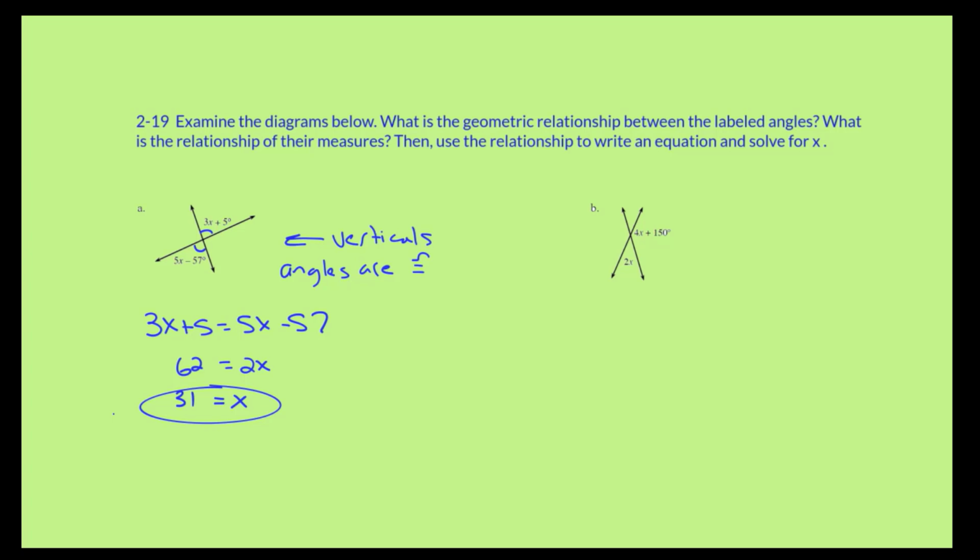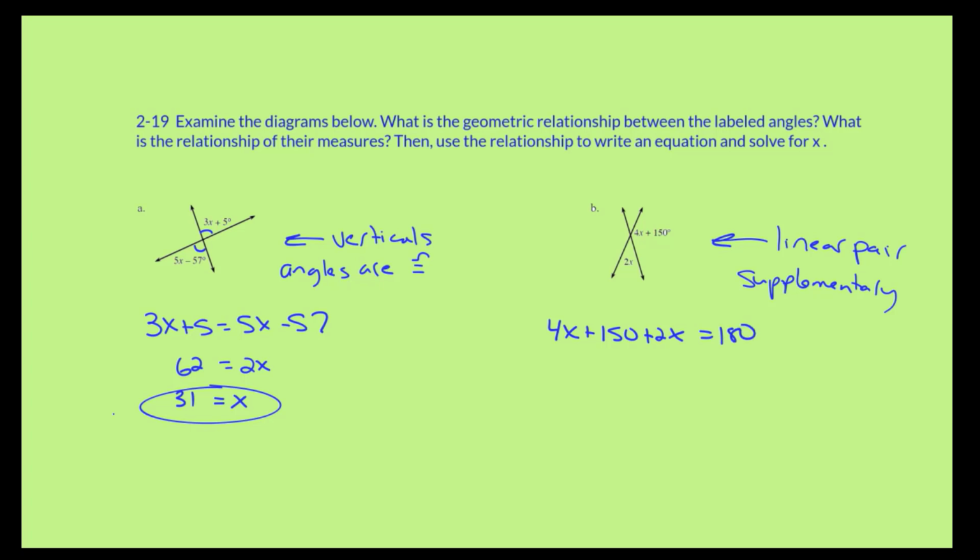Part B, these two angles form a linear pair, which means they are supplementary, not congruent, but supplementary. So they add up to 180 degrees. So our equation will look a little different than part A, where we just set them equal to each other. On this one, we're going to have to go 4x plus 150 plus 2x equals 180.